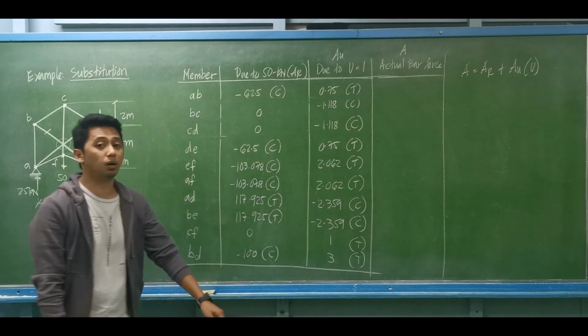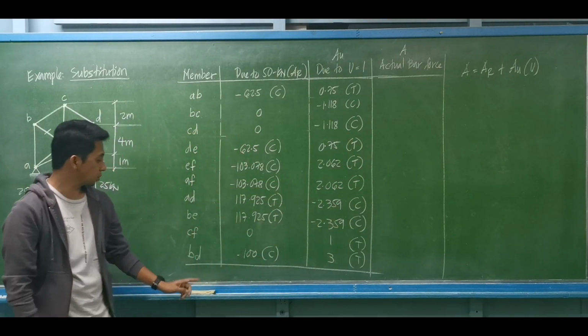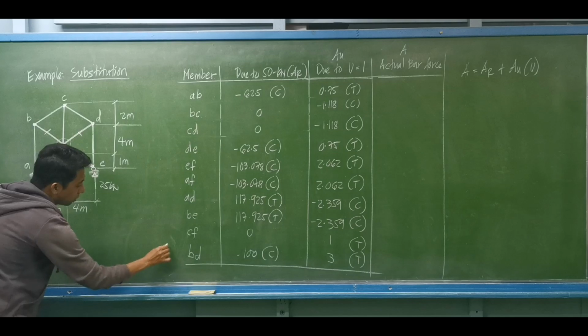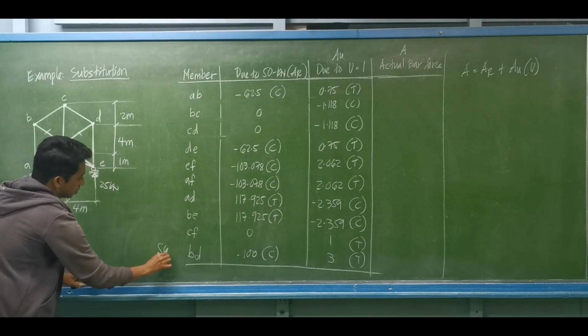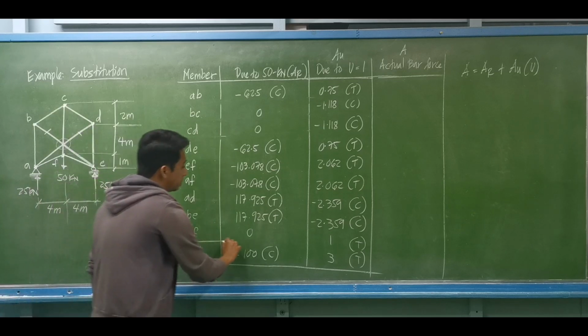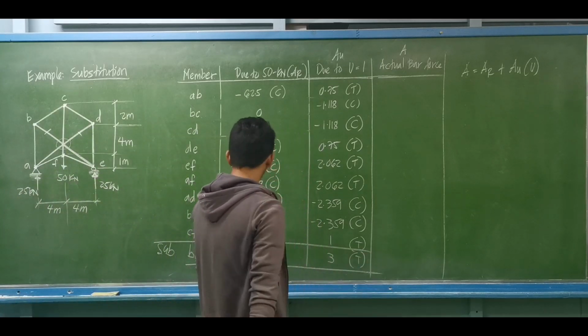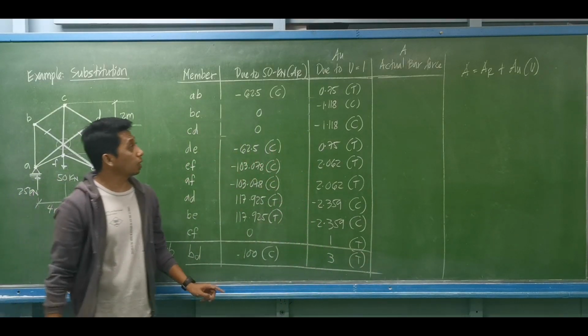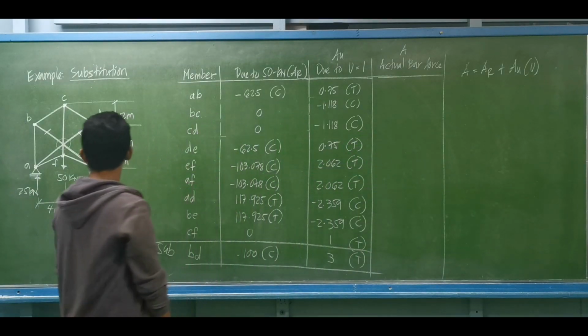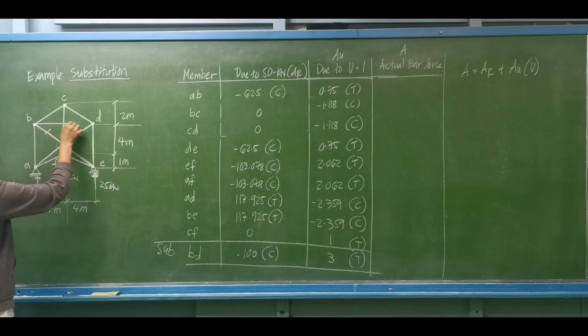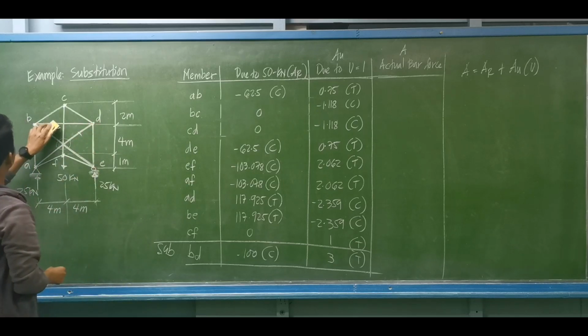So we may start with the substitute member. This is our substitute member, the member BD. I start with the substitute member BD. So what is the actual bar force for the substitute member BD? The one I placed here earlier. Okay?